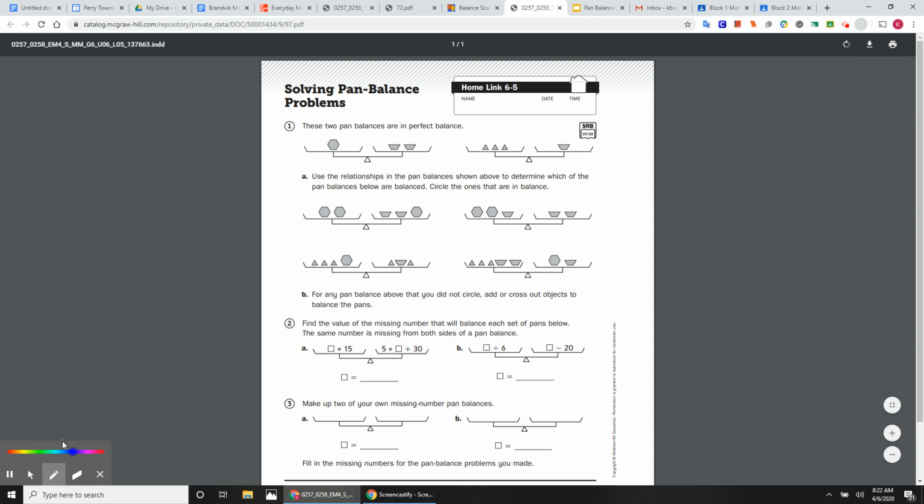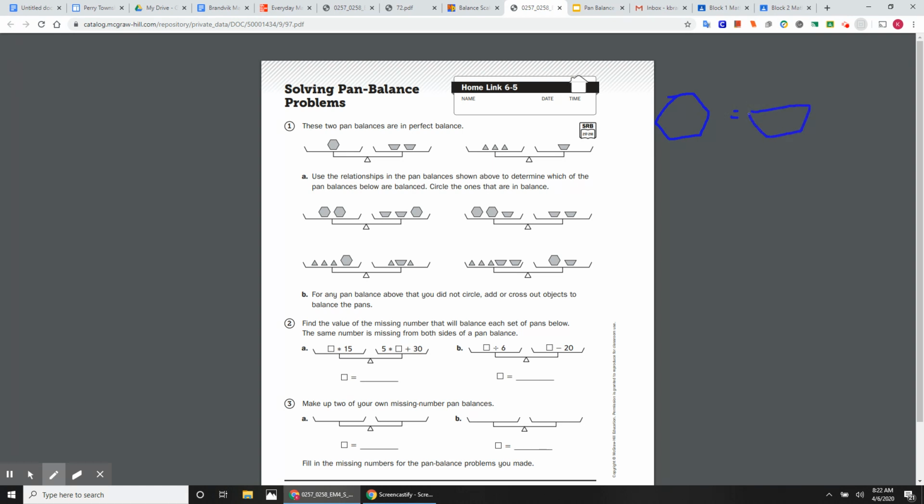For your homework, number 1 says it's just like your math book. These 2 pan balances are in perfect balance. So here it is telling us that 1 hexagon equals 2 halves of a hexagon, or a trapezoid. So then over here it tells us that 3 triangles equals 1 of these halves.